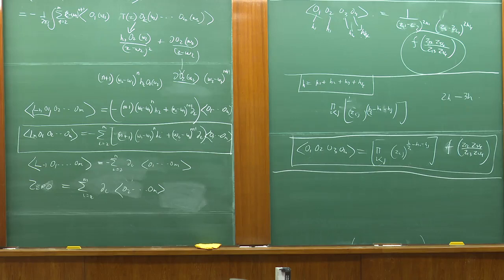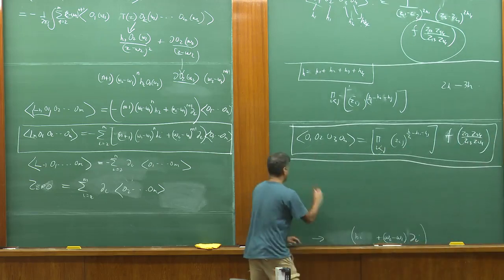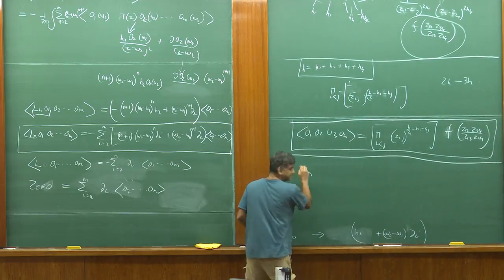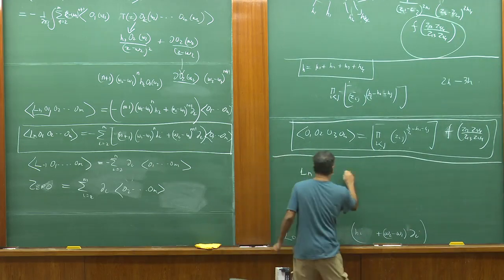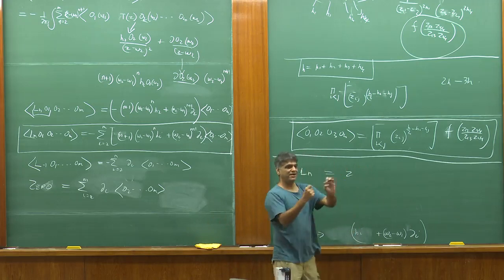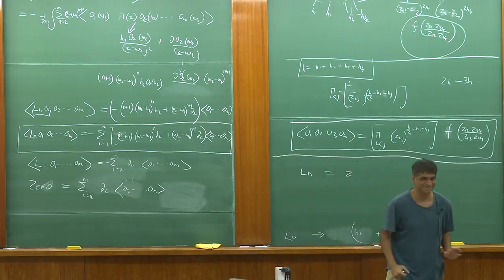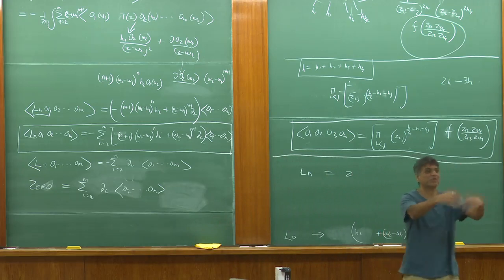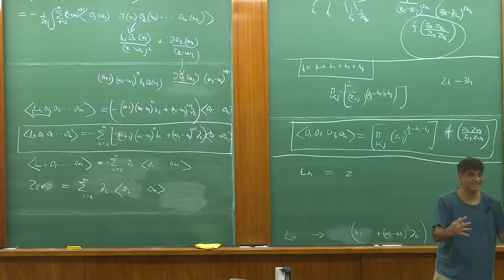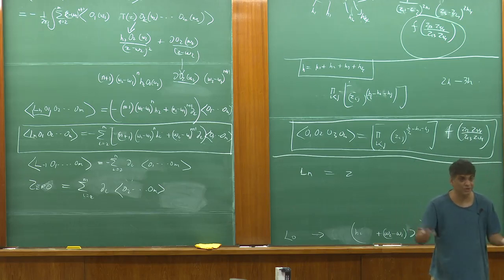Now, let's look at the formulas. Ln was z to the power, say we put our initial insertion at 0. We wanted to do it for identity. We wanted the statement that L annihilate identity, which is L annihilate the vacuum. Let's check when it's true.